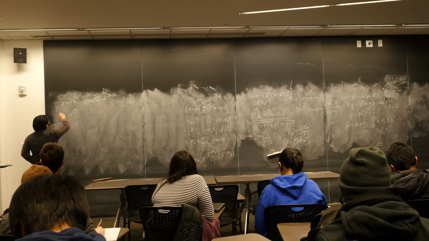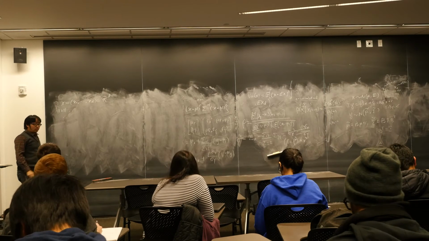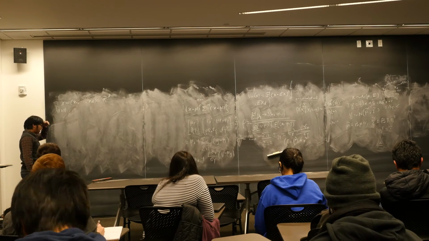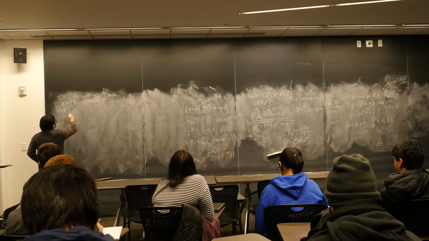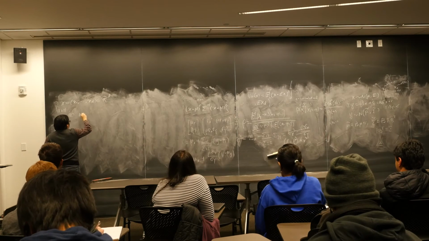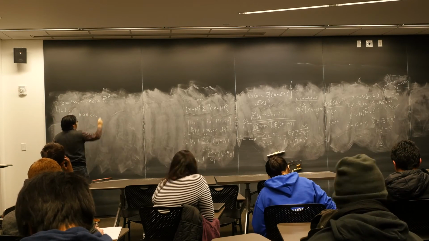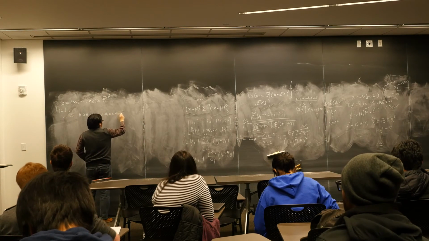The norm of a vector is a function from the vector to a non-negative real number, and the norm function must satisfy three conditions. The first condition is that the norm of x is larger than or equal to 0, and the norm of x equals 0 if and only if x is 0.